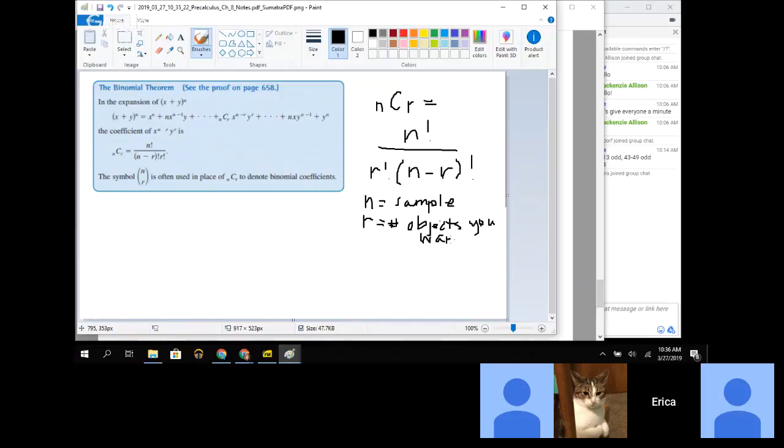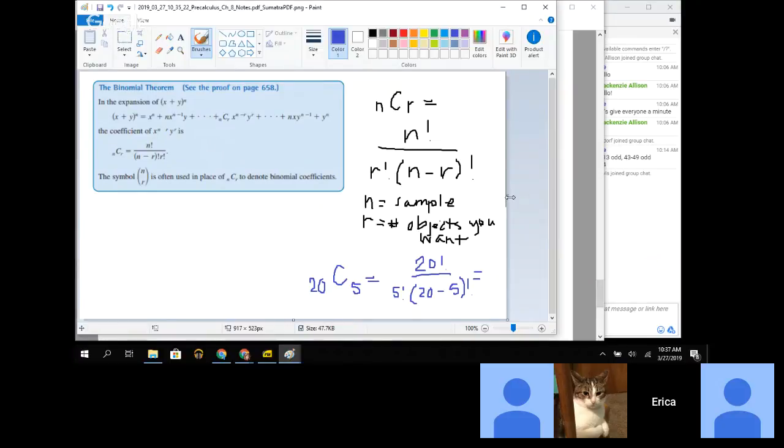I do like some Sharpies, so I probably have more than 20, but if I have 20 Sharpies and I want to pick out 5 different colors, I don't care what order they're in, I can use this formula: 20 factorial over 5 factorial times 20 minus 5 factorial.